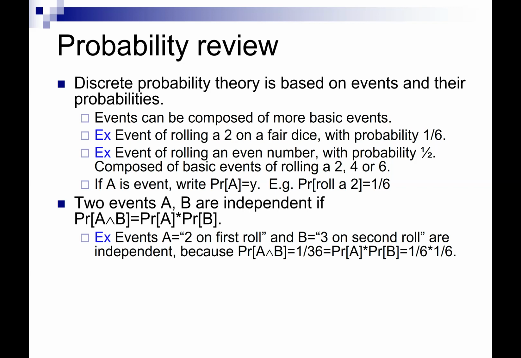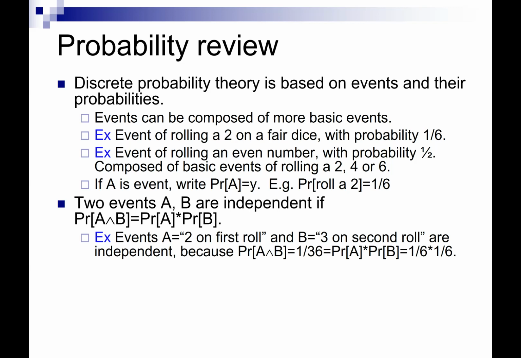For example, if A is the event that I roll the die and get a 2 on the first roll, and B is the event that I roll the die again and get a 3 on the second roll, then these two events are independent of each other, because whether or not I got a 2 on the first try doesn't affect whether or not I get a 3 on the second roll.